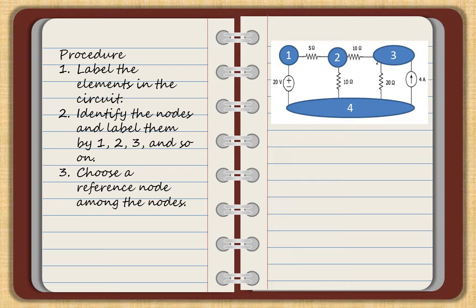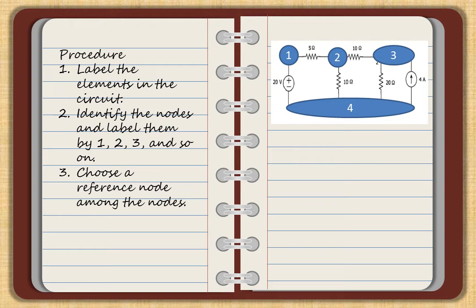Now the next thing is to choose a reference node. In nodal analysis, among the nodes that you have identified, you must choose one reference node. And the best place to put the reference node is on the negative side of the voltage source.